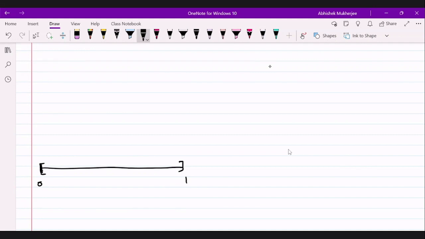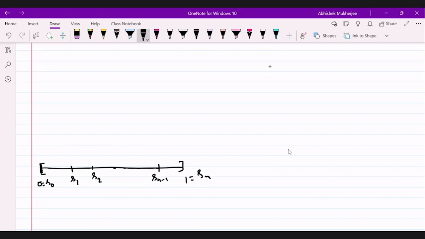But I will be magnifying one particular subinterval, which is the first one, that means S0 to S1. The others are given in this way, and this is your Sn.